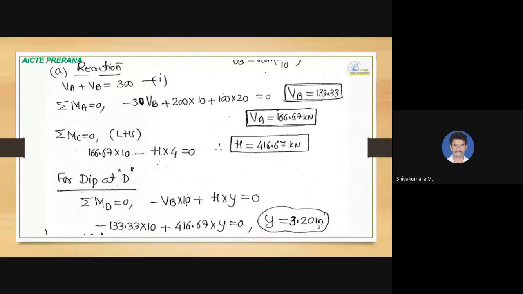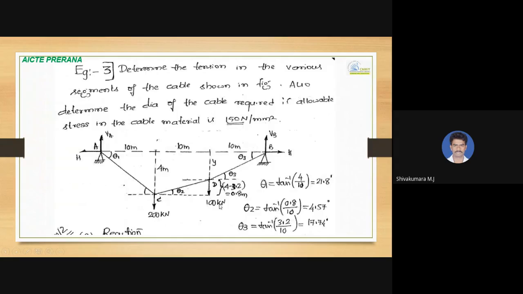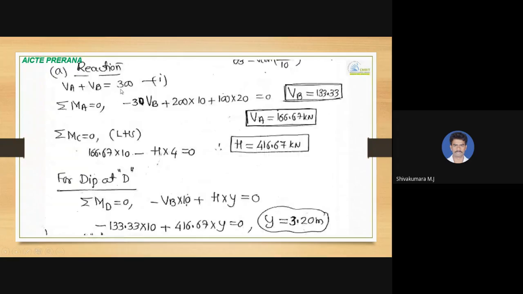Okay. So over here it is shown how we got the value of y as 3.2 meters after determining the support reactions. First, the calculation of support reactions. Summation of Fy equal to 0, so that VA and VB towards up equal to 200 over here, 100 over here, totally 300 kilonewton towards down. That is 300, equation 1.